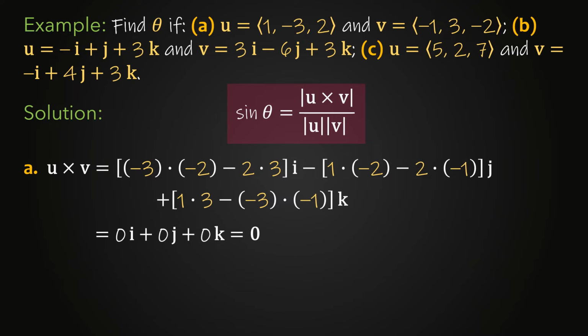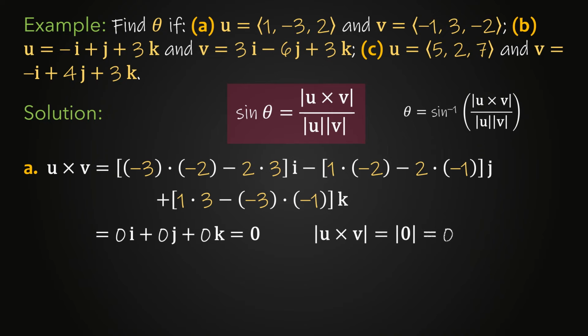Derive the expression for theta. Because the norm of a zero vector is 0, while the norms of the vectors are non-zero, this quotient is 0. Hence, theta is 0, which means u and v are parallel.